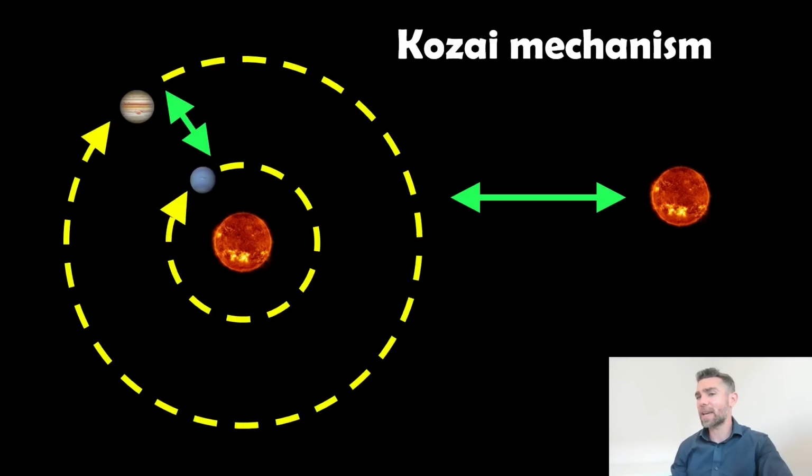You've then also got this mechanism here, and I'm not going to pronounce this because my pronunciation is awful. But this is a process where you've got a distant body, let's say it's a star, and it's tilted, so it's out of the plane of the orbit, and it exerts a gravitational perturbation, a disturbance on the planet. It could even be another planet that's on a tilted orbit as well.